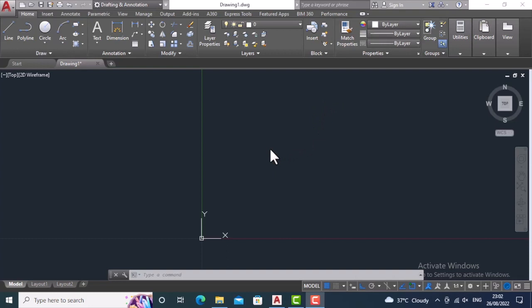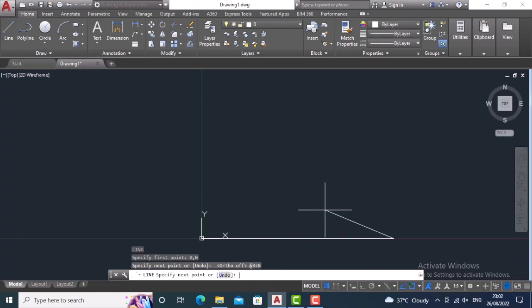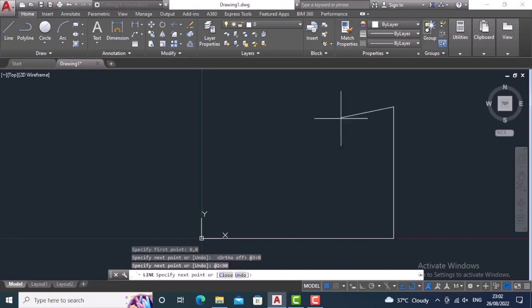Okay, let's start with the line command to start our drawing. We press L, line. First point will be 0 and 0. Then the next point will be, as you know, @3 and what is the degree? The angle will be bracket 0. After that, what do we have? We have @2 bracket 90 degree.